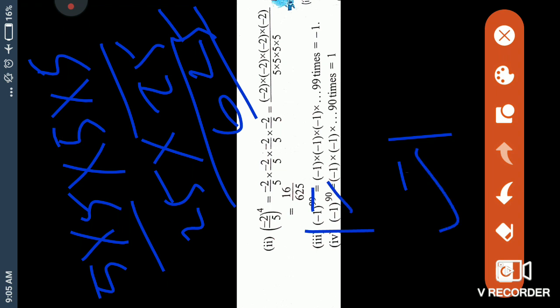And in the next one, minus 1 to the power 90, the power is even. What is even and odd? The number which is divisible by 2 is called even, and not divisible by 2 is called odd. 90 is divisible by 2, so it is an even number. So the answer would be positive 1.